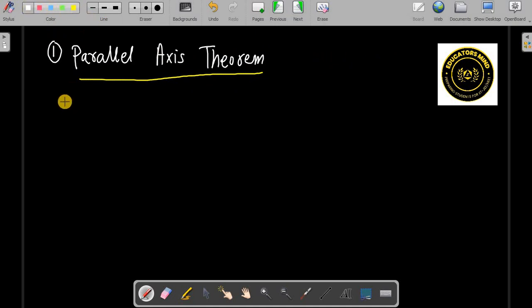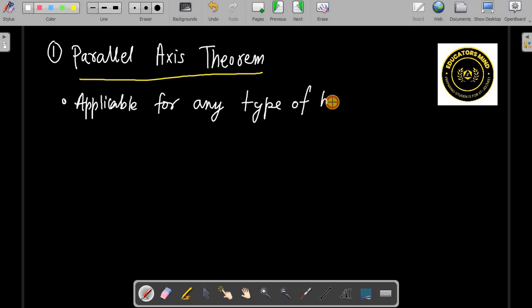The parallel axis theorem is applicable for any type of body. Type of body means it can be one dimensional, two dimensional, three dimensional, any kind of body. We can apply the parallel axis theorem.